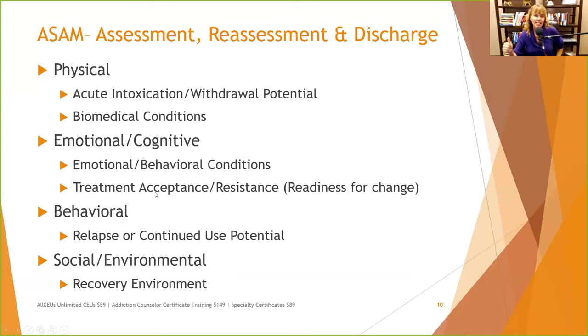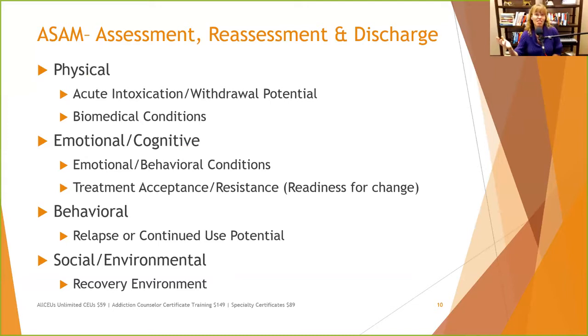So the ASAM measures physical dimensions. It looks at acute intoxication or withdrawal potential. So obviously, if the person is using substances or abusing substances, remember, you don't have to necessarily meet the criteria for substance use disorder to have some withdrawal potential.